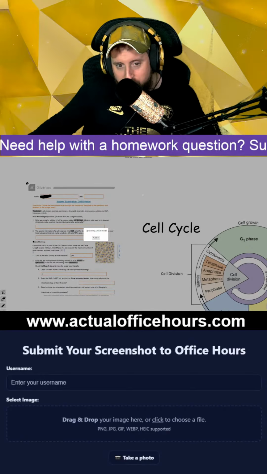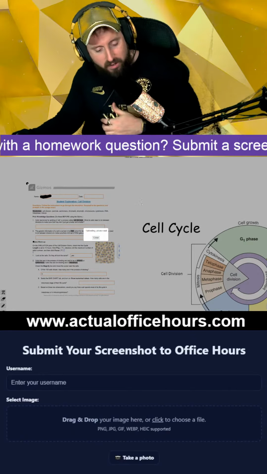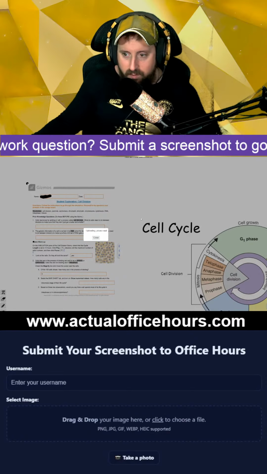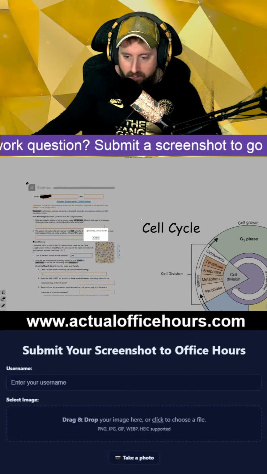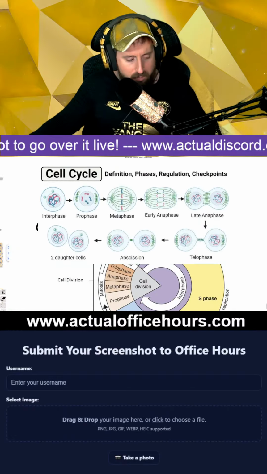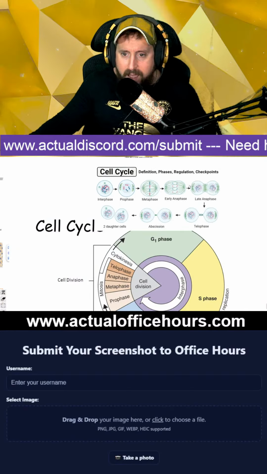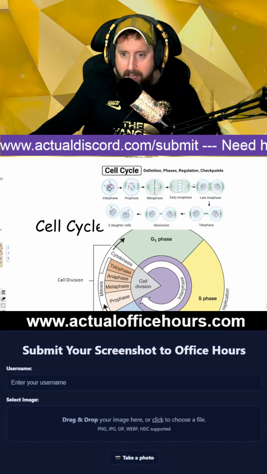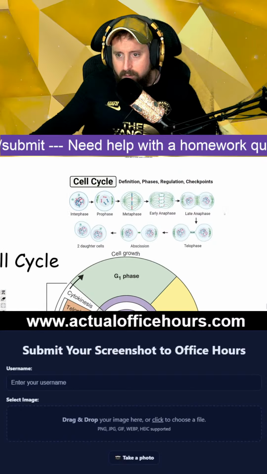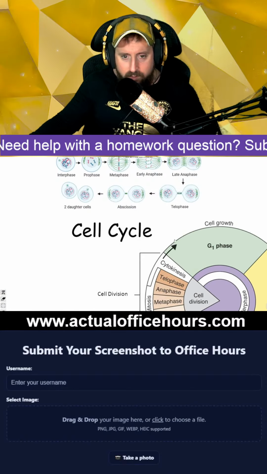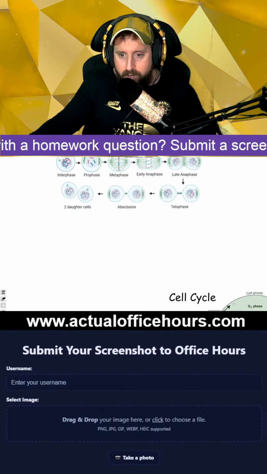Okay, so let's describe what goes on in the cell. Cells do duplicate, but you think, if they split in half, aren't they getting smaller and smaller? So what happens is, this is the full cell cycle, and there's a nice little diagram we're going to go through.